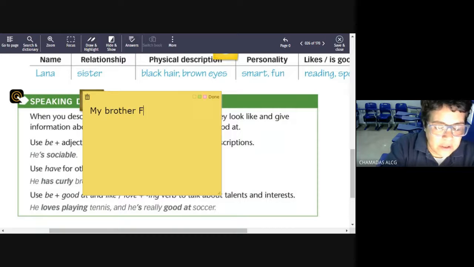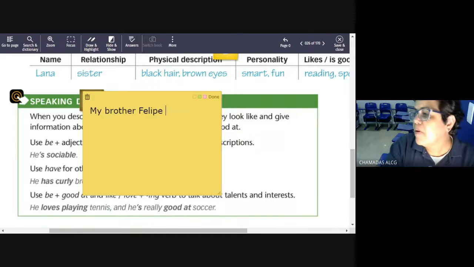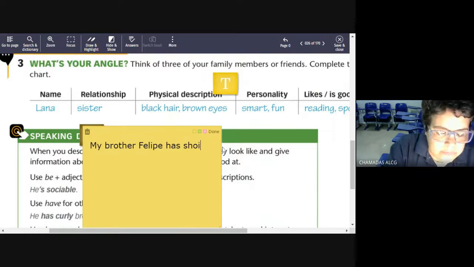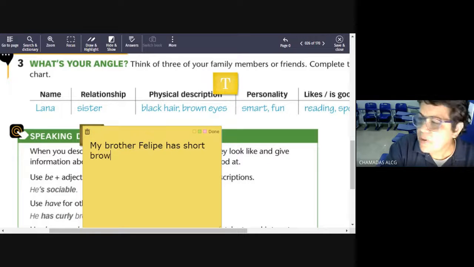So my brother, Felipe, let me follow the same way here, has short brown hair and brown eyes.